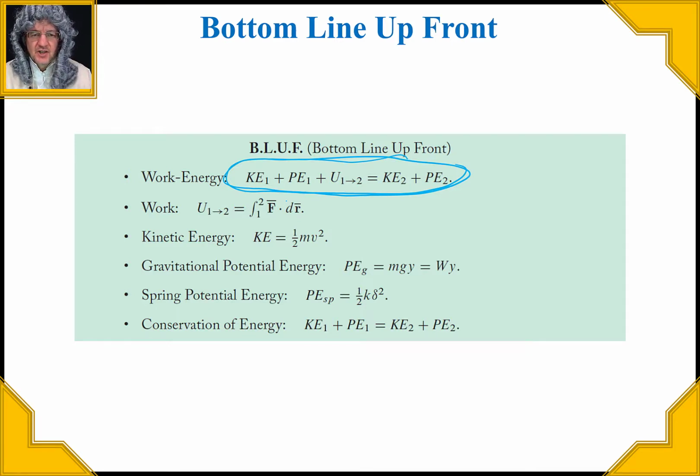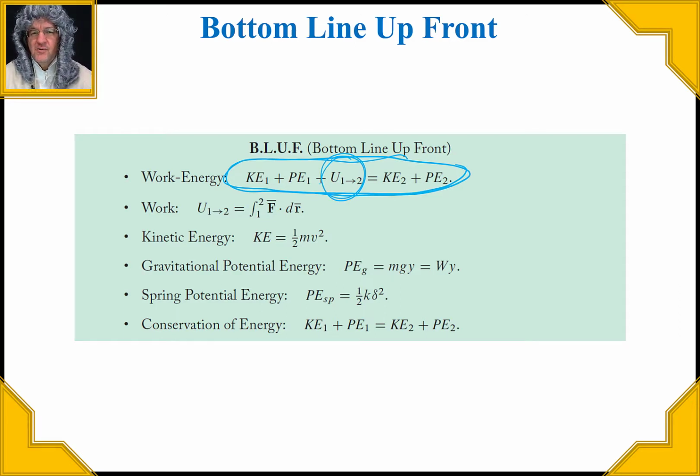And spring potential energy is 1/2 times the spring rate, or the spring constant k, times the displacement of the spring, and that is not the displacement that it's moved, but the amount of stretch that it has from its unstretched state, or the amount of compression from its uncompressed state, that squared. And then conservation of energy takes place when there is no external work taking place in here.